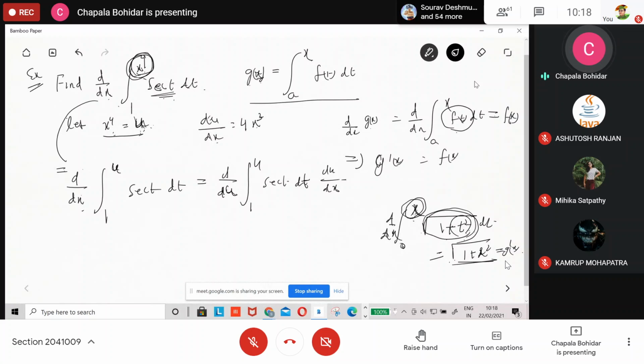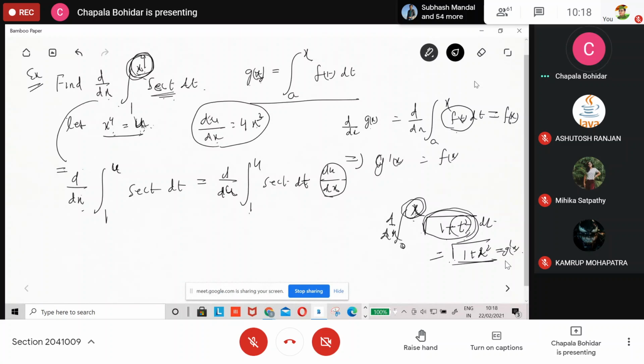Is that clear to all of you? This type of question is important, and you may get this type of question. So here it is d by du of the integral from 1 to u of sec t dt, times du by dx. We already know the value of du by dx.